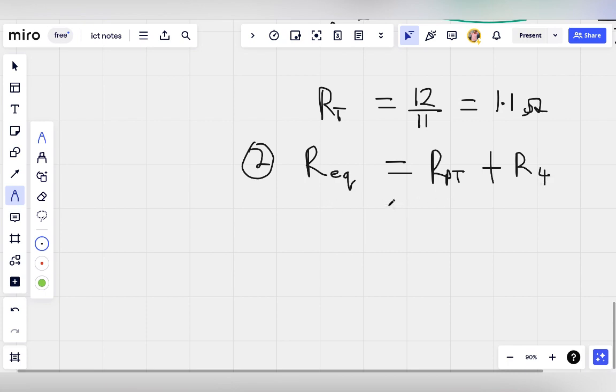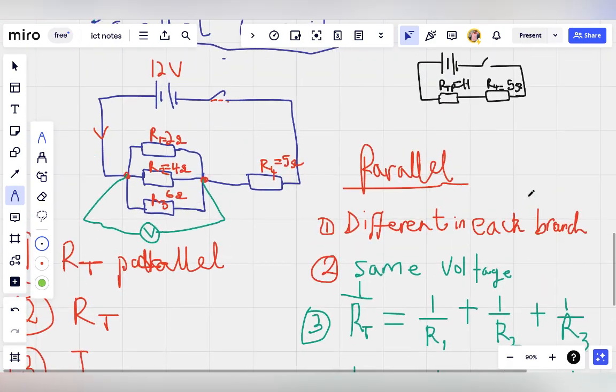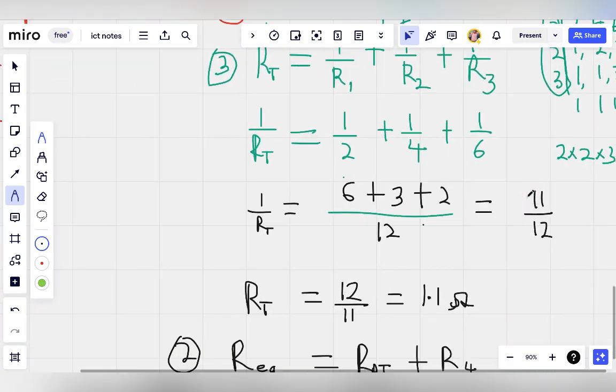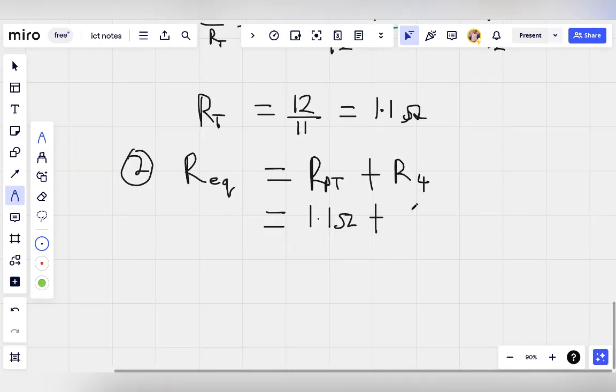So this becomes equal to 1.1 ohms plus the value of the other R4, which is 5. 1.1 plus 5 gives us 6.1 ohms. That's the answer to the second question, 6.1 ohms.